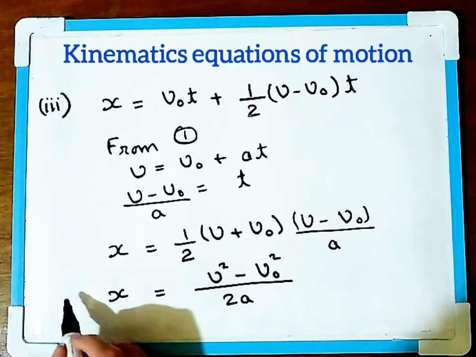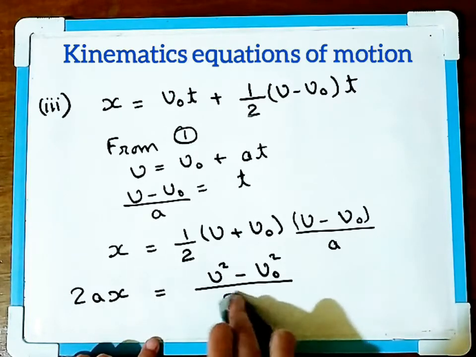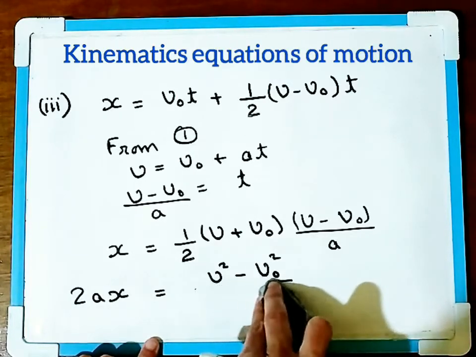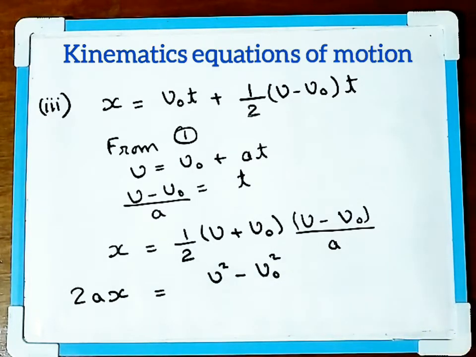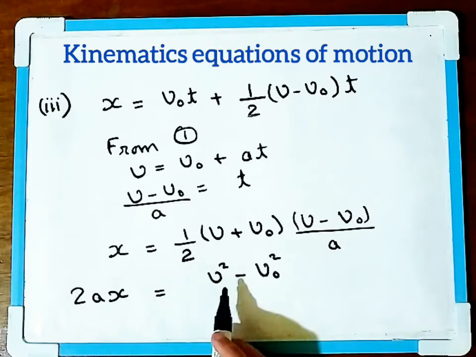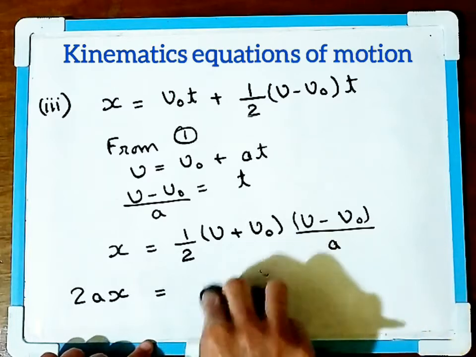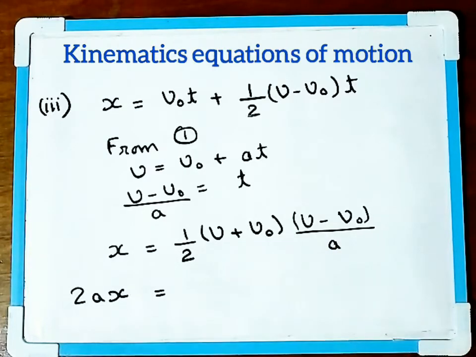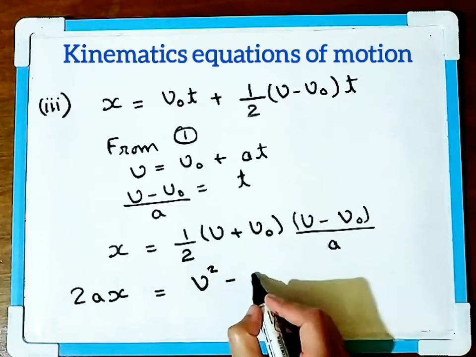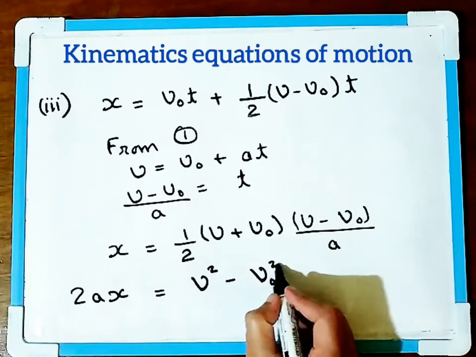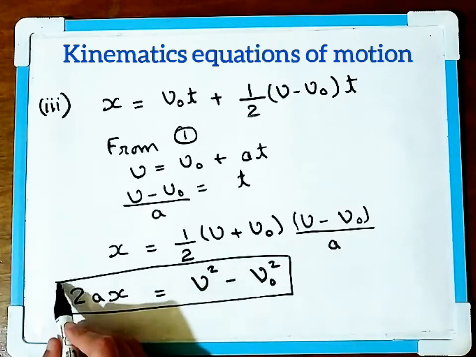So you will get 2ax equal to v square minus v naught square. So this is the third equation of motion.